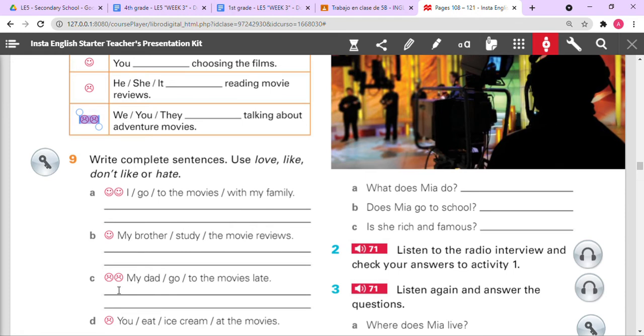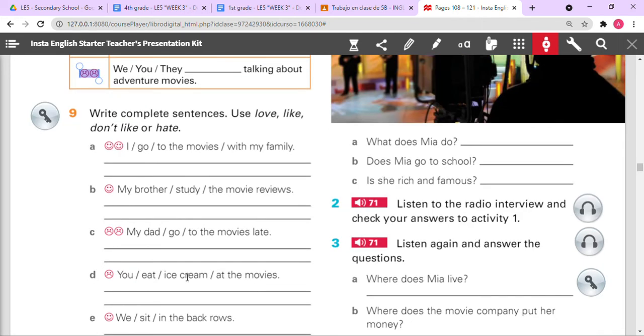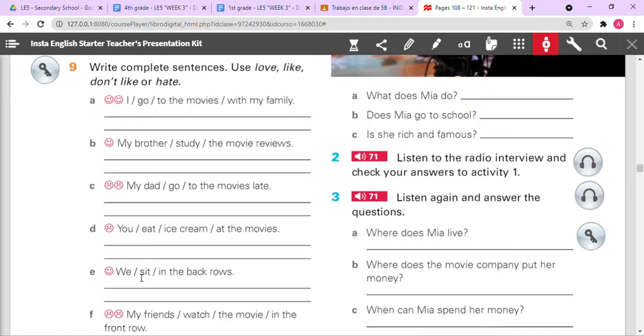Two sad faces. My dad hates going to the movies late. One sad face. You don't like eating ice cream at the movies.